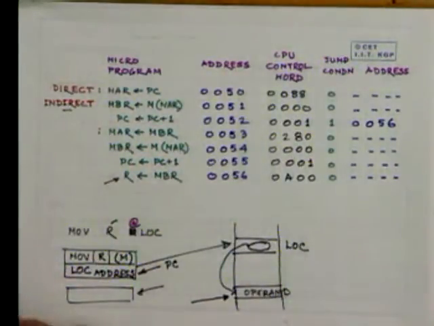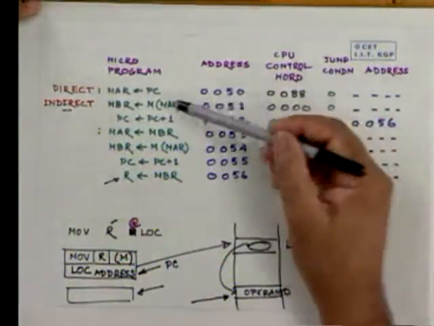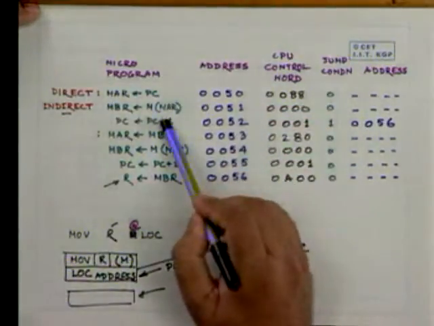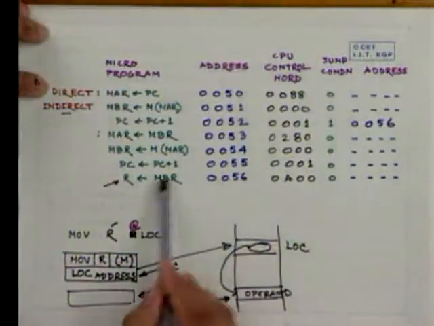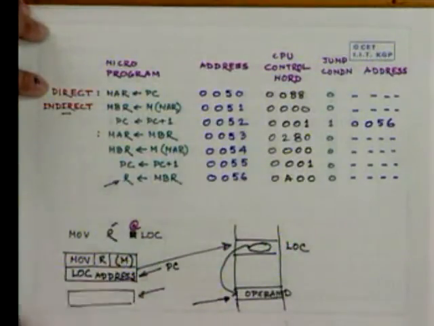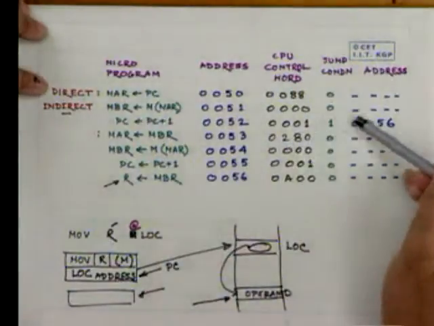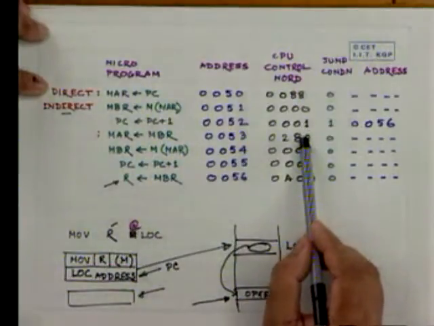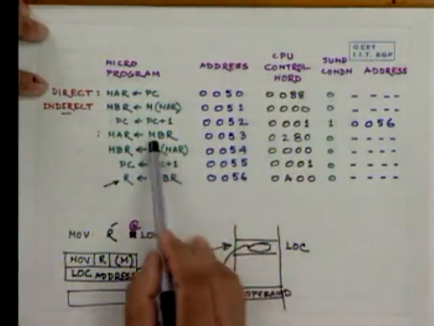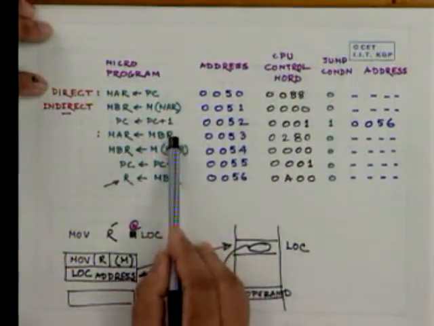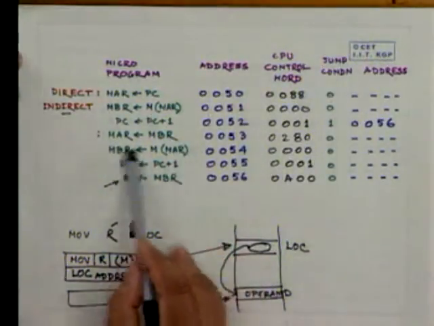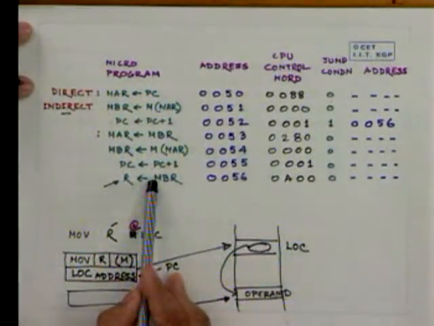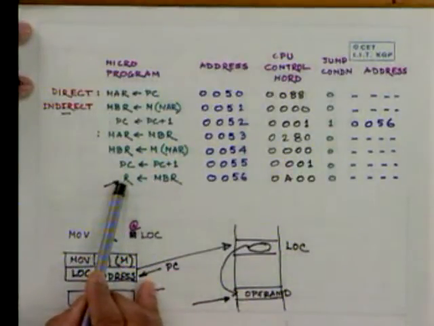Okay. Therefore, let us see the situation that in the case of a direct addressing, we go to this micro instruction, then this micro instruction, this micro instruction, and if it is a direct addressing, we come to 56 and the content of the memory buffer register is sent to the register here. In the case of an indirect addressing, instead of making a jump here, we execute these control words immediately after it. Okay, that means we go through this micro instruction, the memory buffer register goes to the memory address register, then this micro instruction, then the program counter is incremented, and the content of MBR goes to the register.